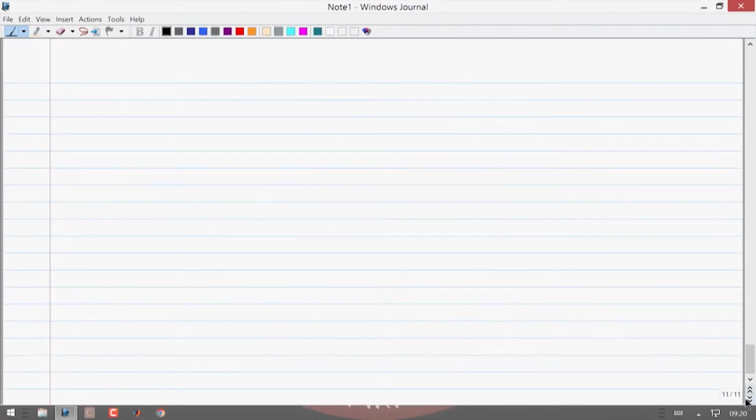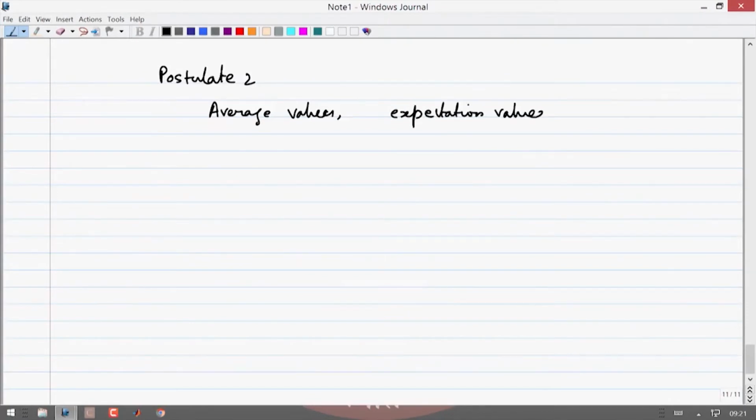So, let us move on to postulate 2. Postulate 2 is on the average values, or what are known as the expectation values or expected values.